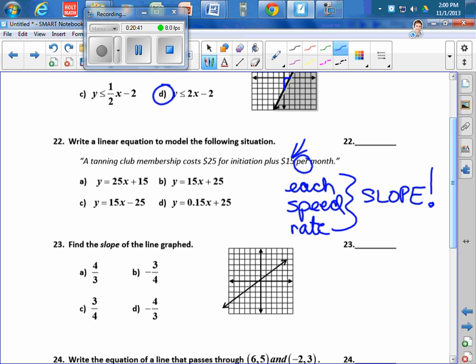So we can eliminate A because it's the 15 that needs to be taken times the x. Now, if we have 0.15 and then the 25, that means 15 cents. That means $25. So we're not talking 15 cents, we're talking $15, so that would be out. And the membership costs $25 for the initiation fee, right? That's a positive 25. B is your answer.